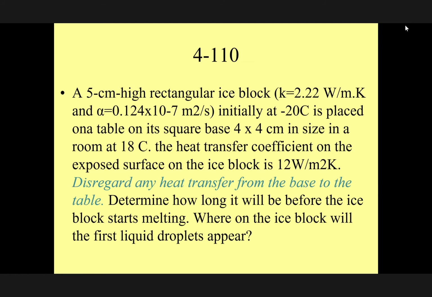Therefore, if I assume it's 10 centimeters, at this middle, x equals 5, there is no heat transfer. Therefore, rather than assuming the 5 centimeter block, I can assume a 10 centimeter block, but with heat transfer from both sides. That's the concept that we can use as symmetric.